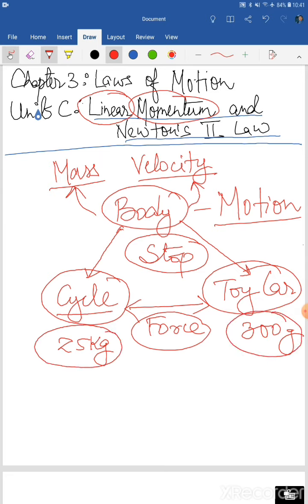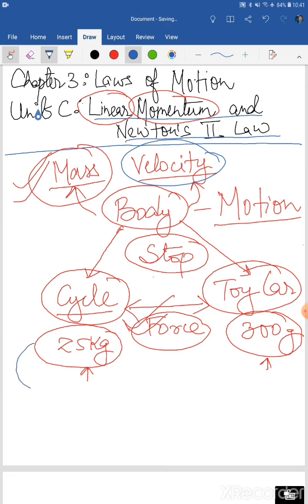So you need to apply more force on the cycle to stop it as compared to this toy car. Is that okay? Now we discussed mass, meaning the more the mass, the more force you need to stop the body. Now the other factor is the velocity.